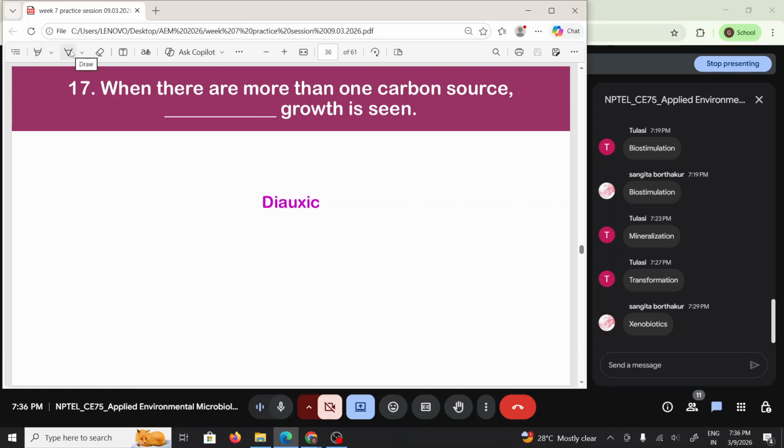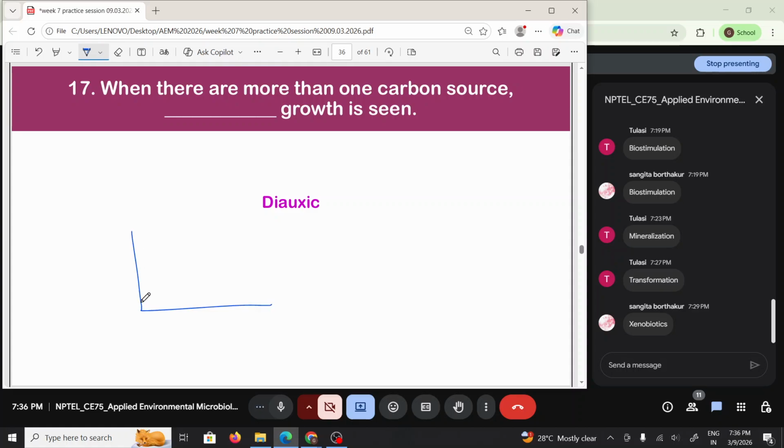What you can typically imagine is, this is your growth curve. This is a lag phase, this is a log phase, and here glucose is used. After that it should go to stationary phase. No, it won't. What it does is it again goes to a little lag and then again increases to log. There it tries to use the cellulose, and then it goes to the stationary phase and then to the decline.